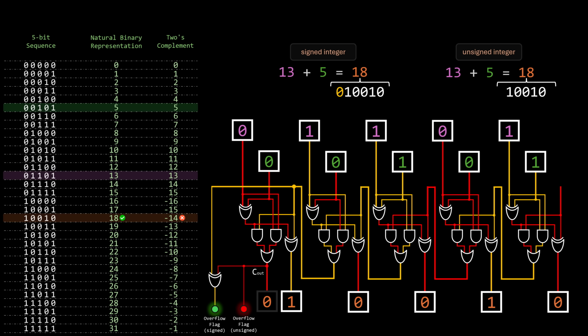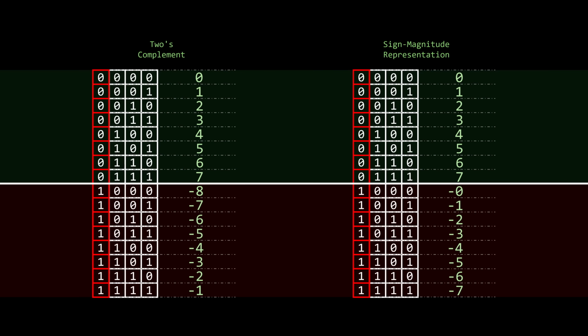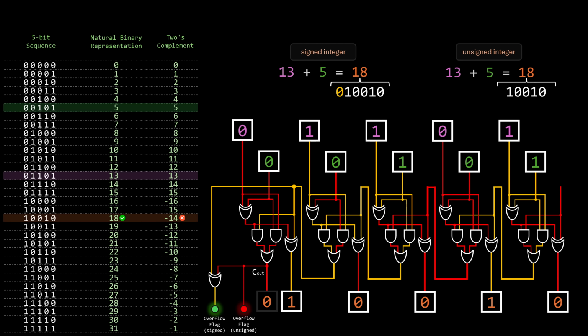Signed overflow occurs when we add 2 numbers with the same sign, but obtain a result with the opposite sign. You remember that I mentioned that in 2's complement, the most significant bit still hints if the number is positive or negative? Adding 2 positive numbers should not produce a negative result, so the flag warns us that the first significant bit in the result, which is 0, has overflowed.